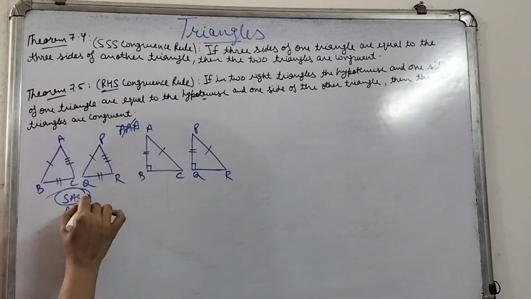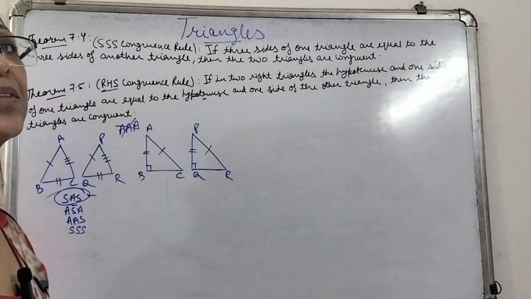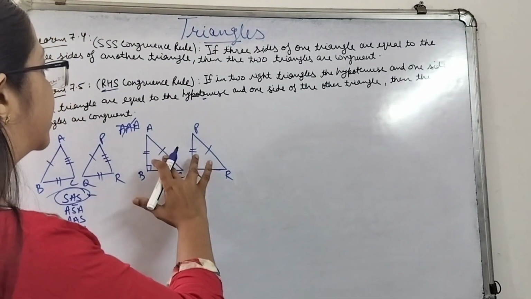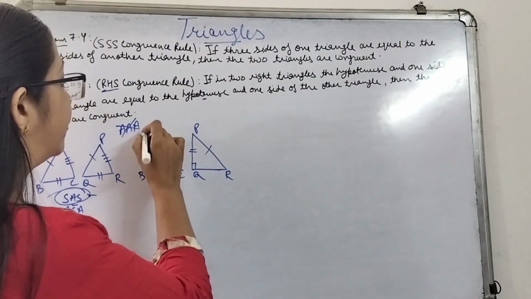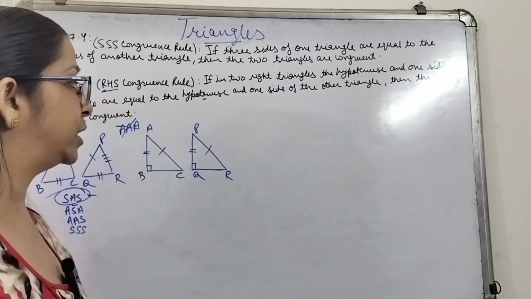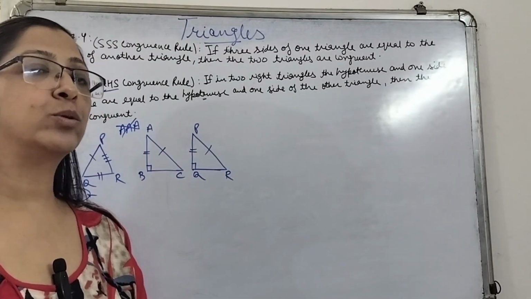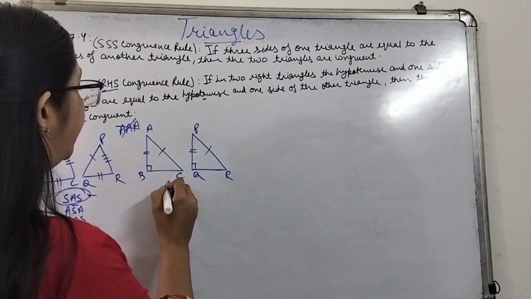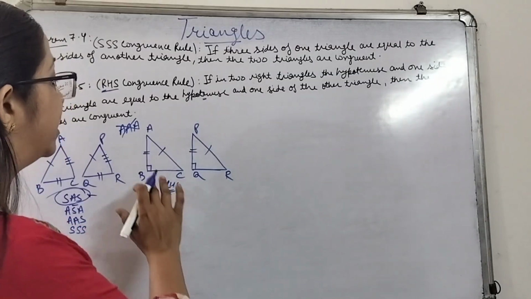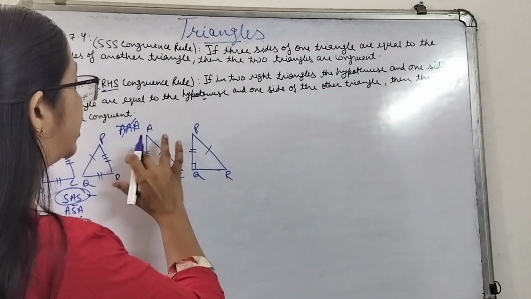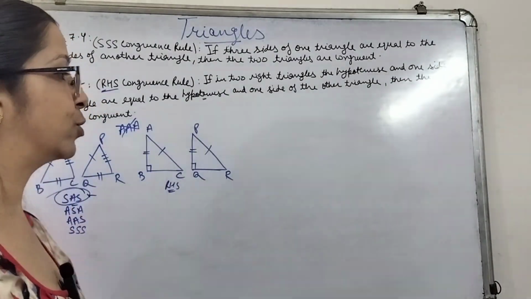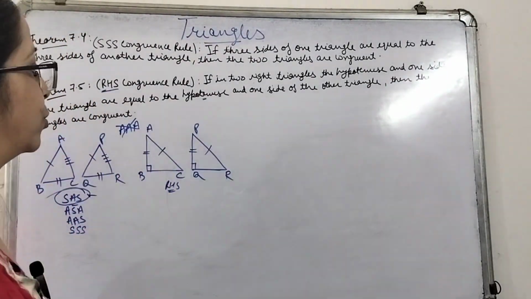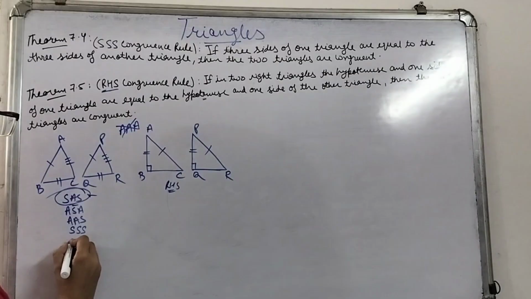For SAS congruency, the angle should be the included angle. But in the case of right angle triangles, if the hypotenuse and one of the sides of the two triangles are equal, in that case also they are congruent by the RHS rule. Here this angle is not included between the given sides. Still they will be congruent. So this is your RHS congruency rule. So how many congruence rules have we learned?